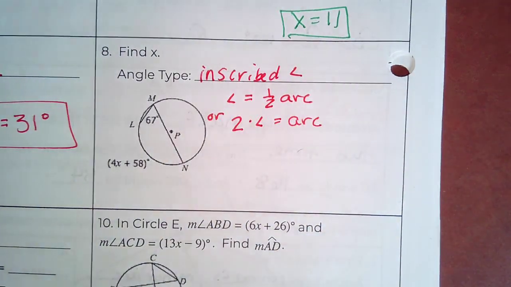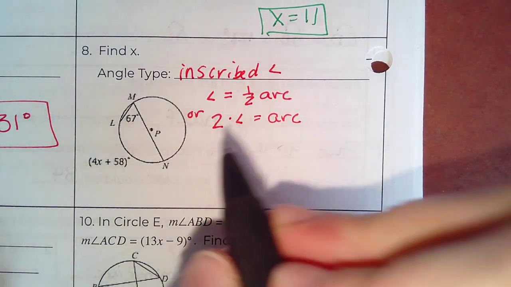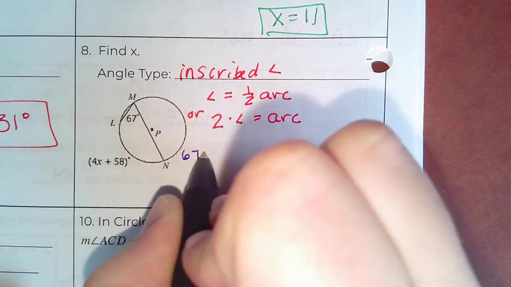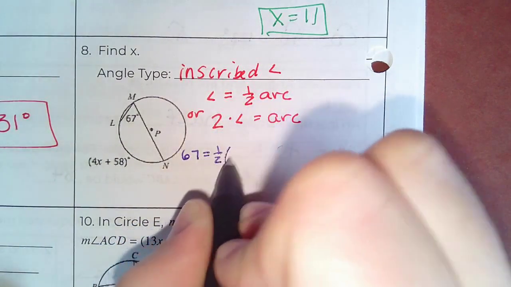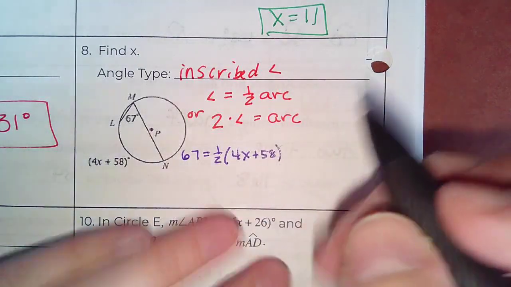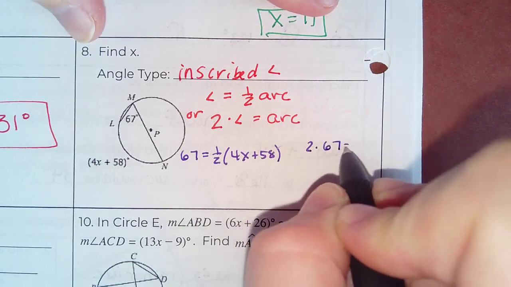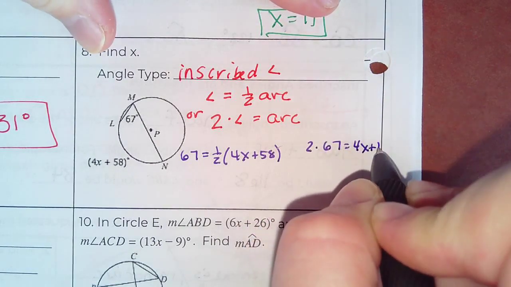Either way works. So I'll show both ways working this out, and you can decide which one you like best. So the first is the angle, 67, equals 1/2 times the arc, 4x plus 58. And the other is 2 times the angle equals 4x plus 58.